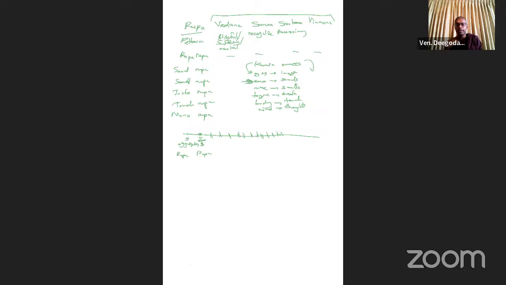There are different types of Vedana, and if we compile them together, we call it Vedanaskandha. And that's the same for Sanya, Sankara, and Vijnana as well. So this creates the Pancakkandha.